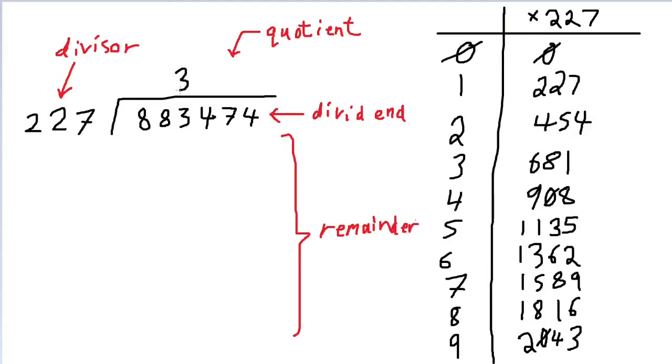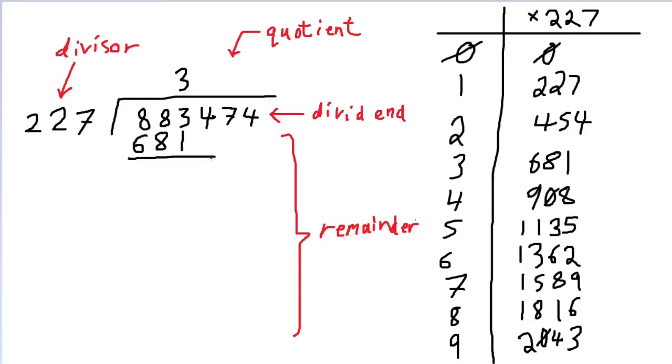And now we need to calculate the remainder of this smaller division that we're doing, 883 divided by 227. So what we do to calculate the remainder is we subtract the multiple that is less than 883 from 883, our intermediate dividend.